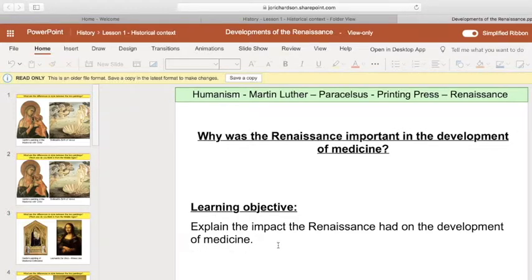What we're trying to do is explain the impact the Renaissance had on the development of medicine. Some pretty important keywords here: Renaissance, and we will go into that a little bit later, printing press, Paracelsus, Martin Luther, and humanism.